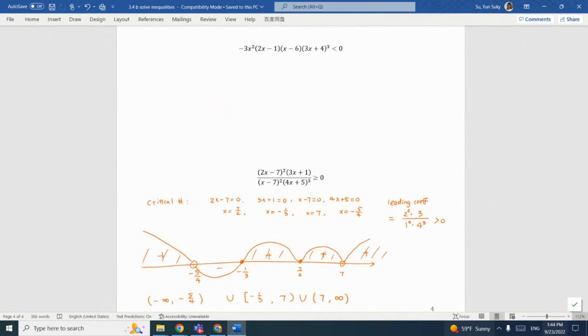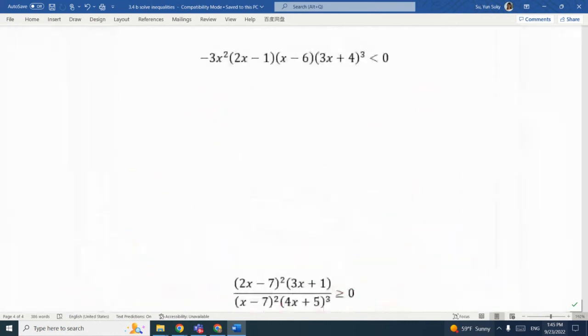It's already factored. Let me make it bigger. So, all of you finished the notes of that problem? Okay, then I can make it bigger.